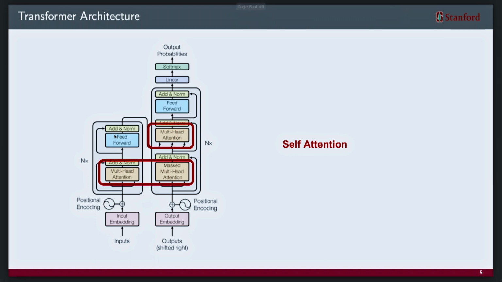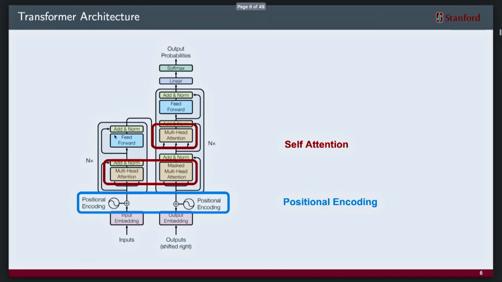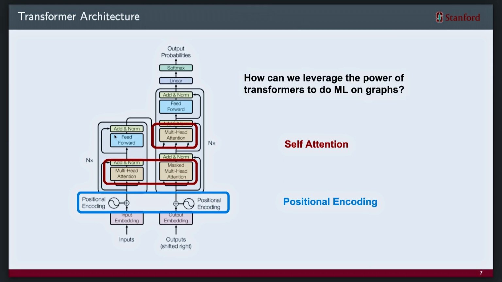One is the self-attention, which is a form of a nonlinear projection, or if you like, a form of a nonlinear convolution, and the other is the positional encoding, which, as the word says, encodes the position of each token in the sequence when we talk about text, and the position of each token in the grid when we talk about images. Long story short, the transformer is an amazing tool.